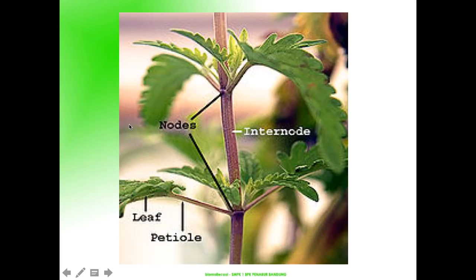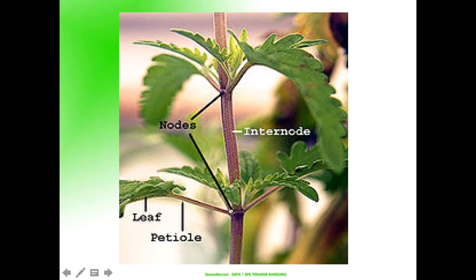Okay, carry on. From the outside, if we look at a stem, we can see that this is the part of the stem from which the branches come out, from which the buds come out, from which the flowers come out. From here there will be no branches, no buds, no flowers, and this is another part from which branches, buds and flowers will come out.